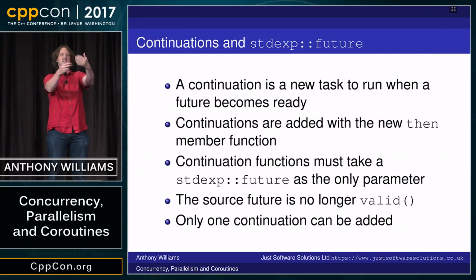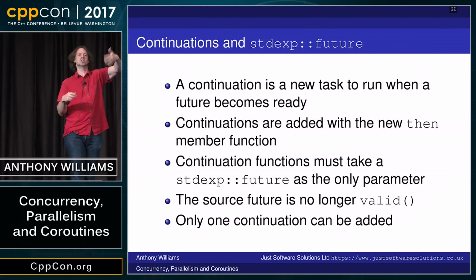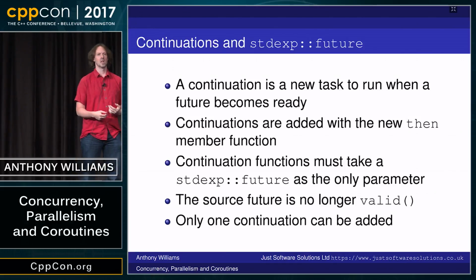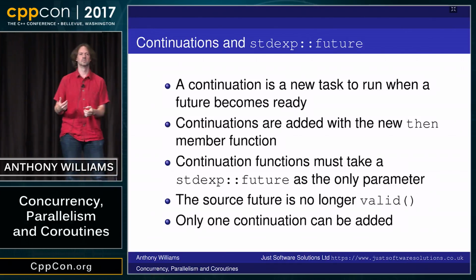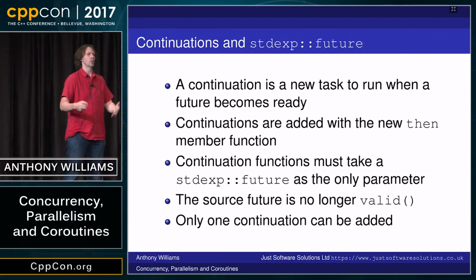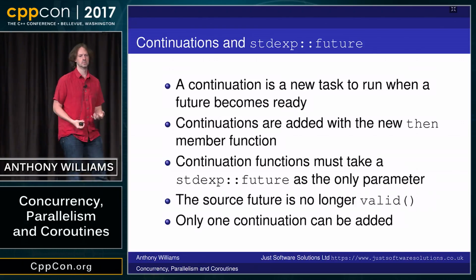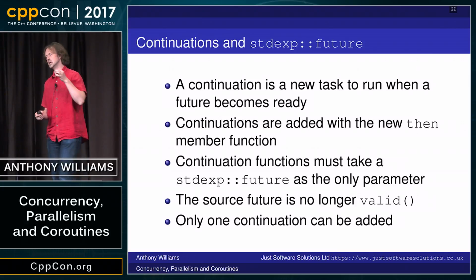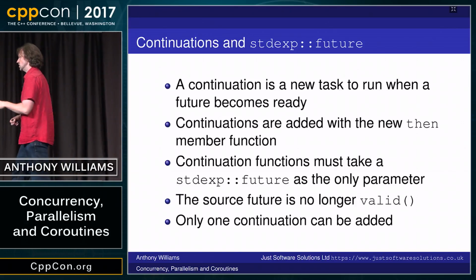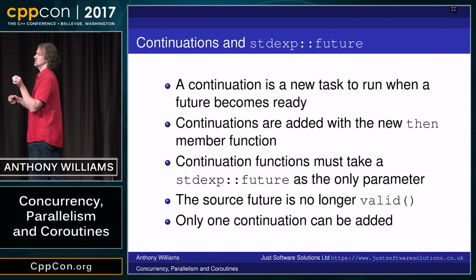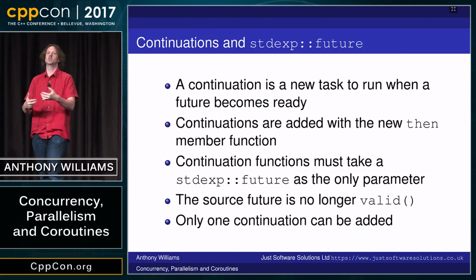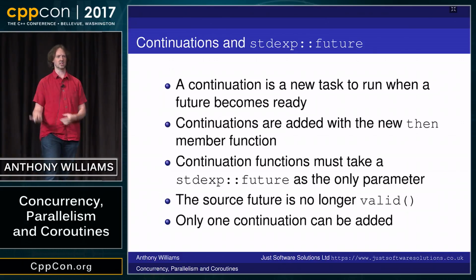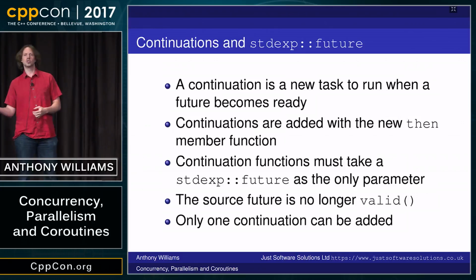And you can specify all this up front as soon as you've launched off the first task. You can specify what to do next without having to wait for it to be ready. Now, obviously, futures, as in directly standard future and therefore standard experimental future, which is based on the same, are one-shot things.